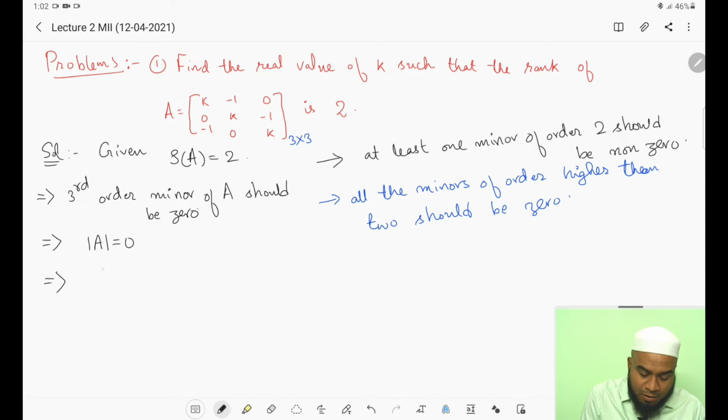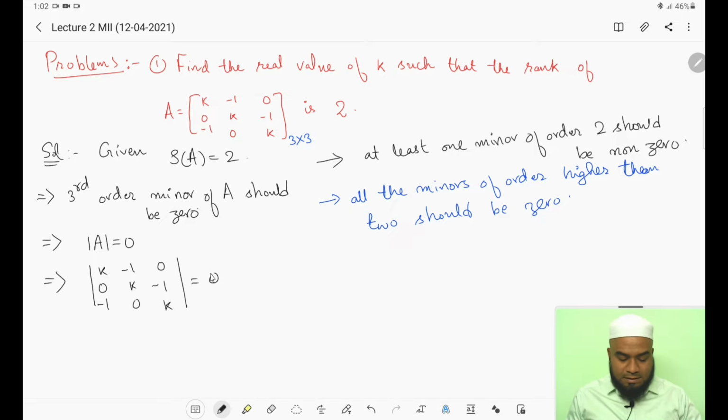The determinant of A is the determinant of the matrix k, minus 1, 0; 0, k, minus 1; minus 1, 0, k. This determinant we have to make equal to 0.